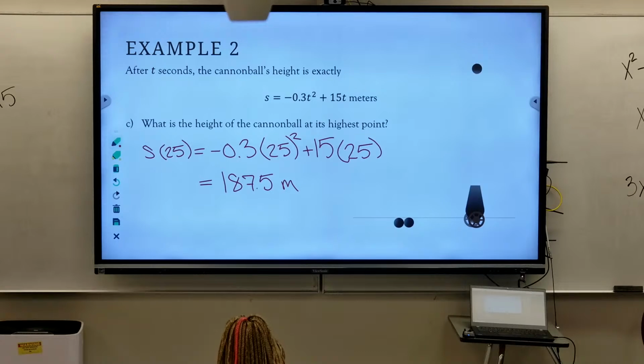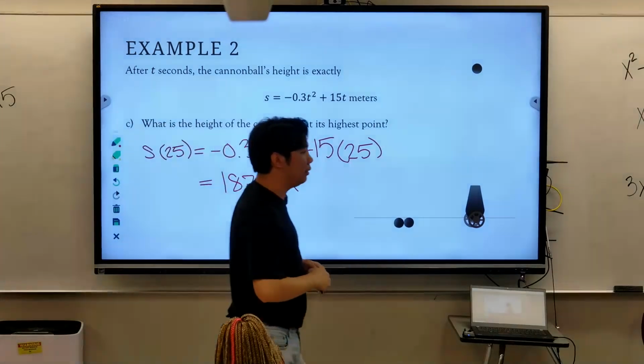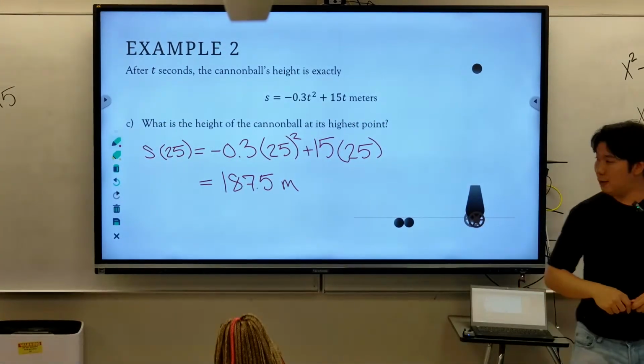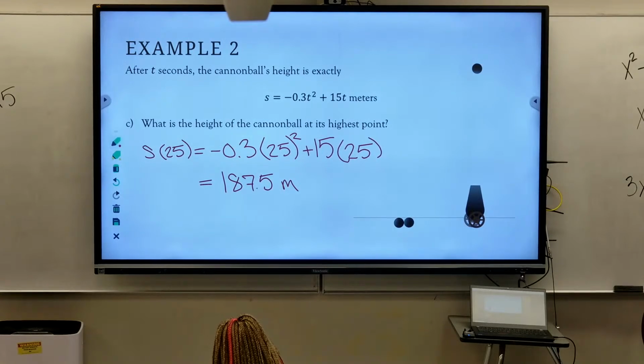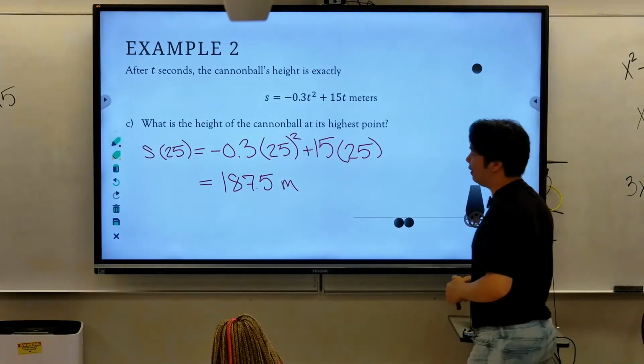Each one has a different unit. So in other words, I'm working with this cannon. I shoot it up in the air. It takes 25 seconds to hit its highest point. And actually, it travels 187.5 meters in the air. So we're done with part C. We now know how high this cannon travels.